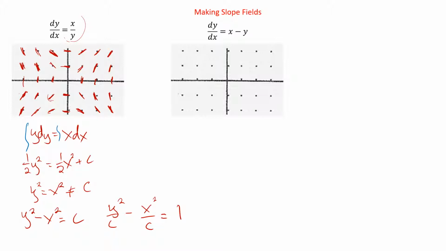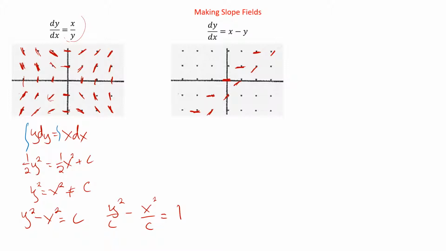When they are equal, the slope will be 0. So when they're both 0, when they're both 1, when they're both 2, there and there. If x is 1 more than y, so like when x is 2, y is 1, the slope's going to be 1. So we have 1, 1, 1, 1, 1.